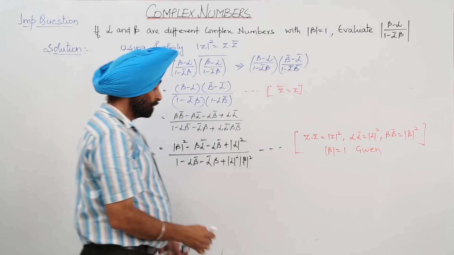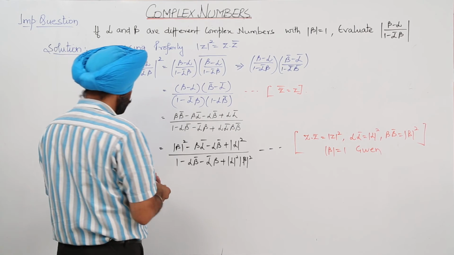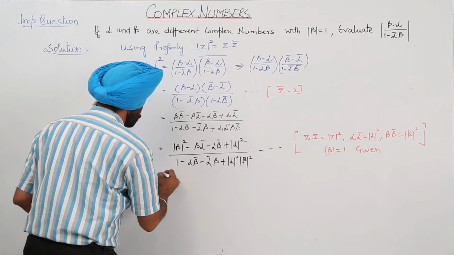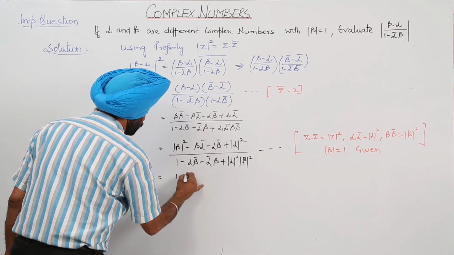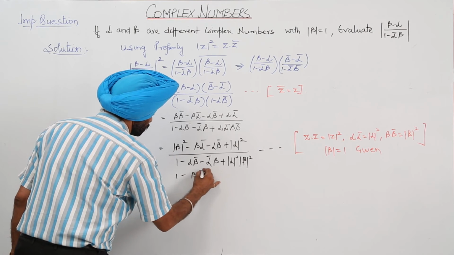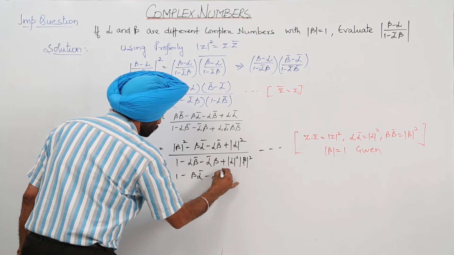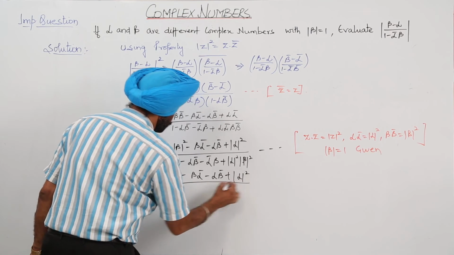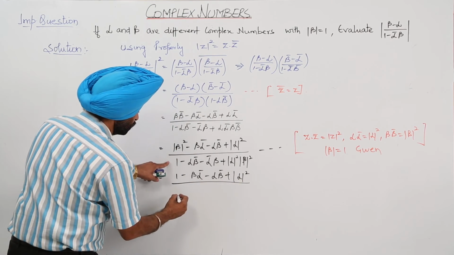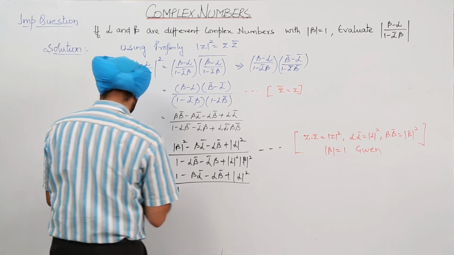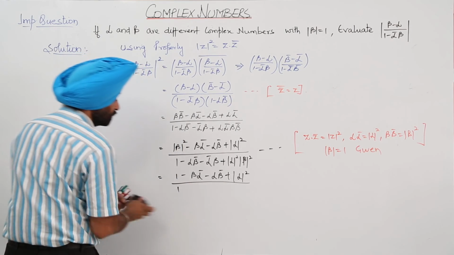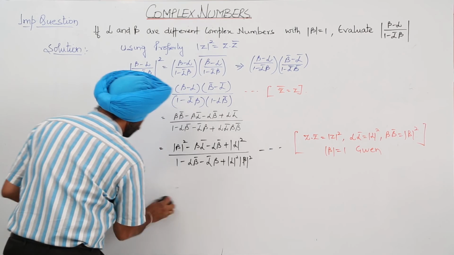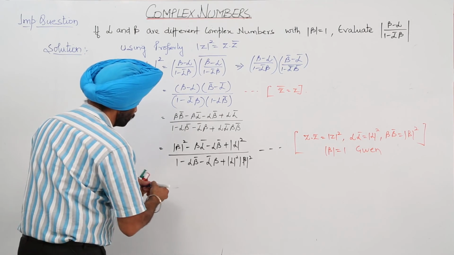Here. So, we are having 1 minus upon this one, or let me use the other side with a separate ink.